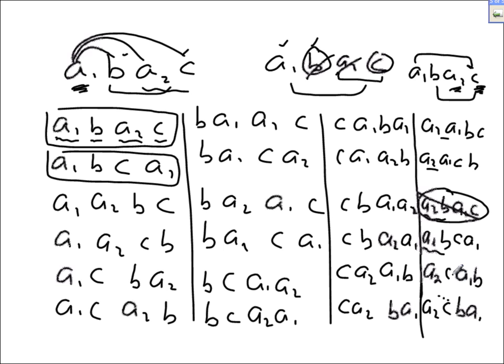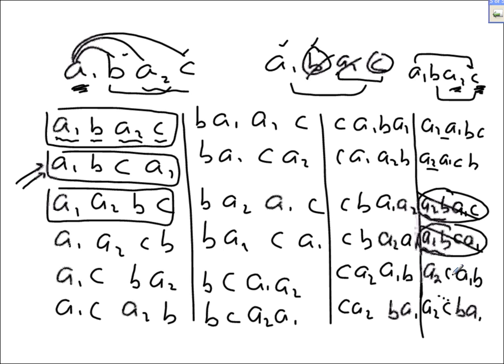A1B, C, A2. A2B, C, A1. Here it is. This is ABCA, just like that one is ABCA. Half of them are going to be removed.